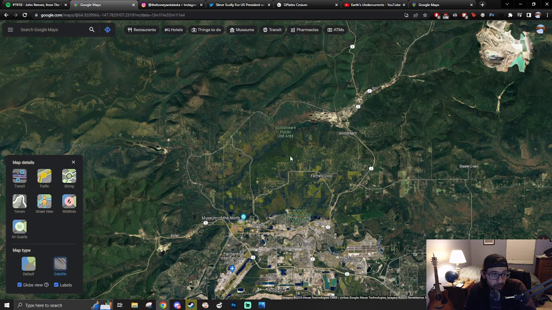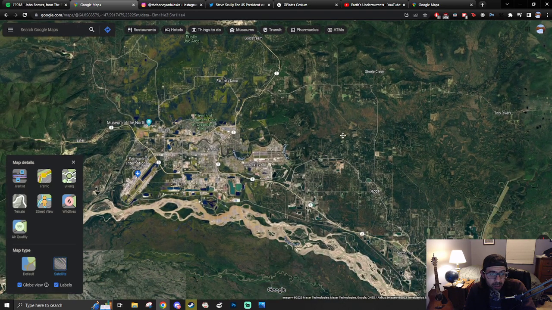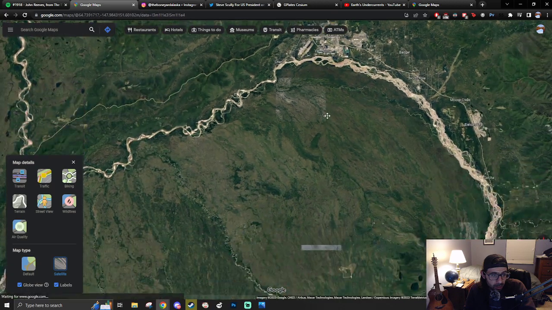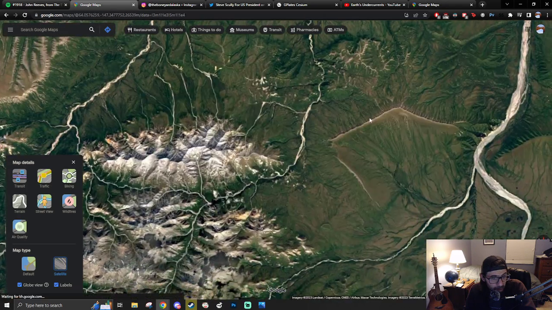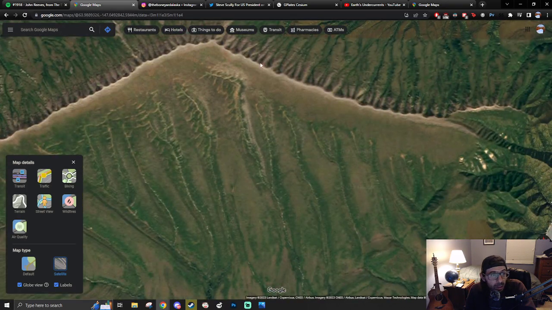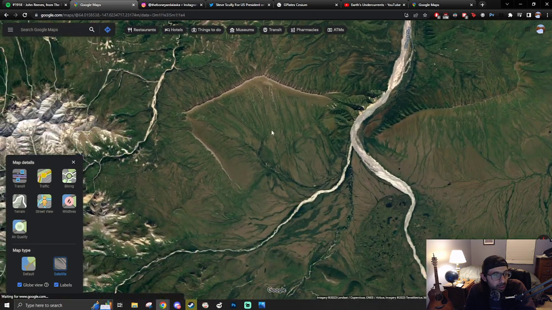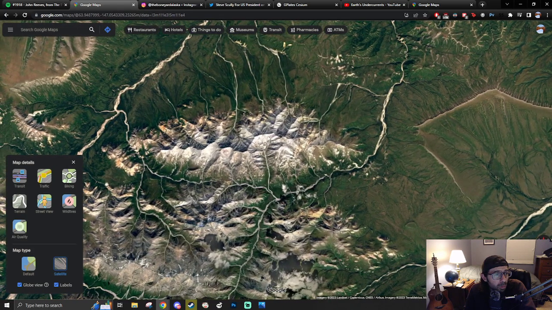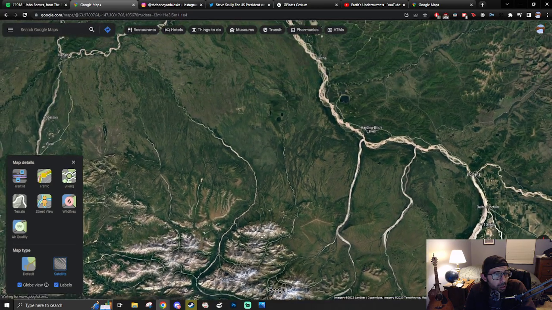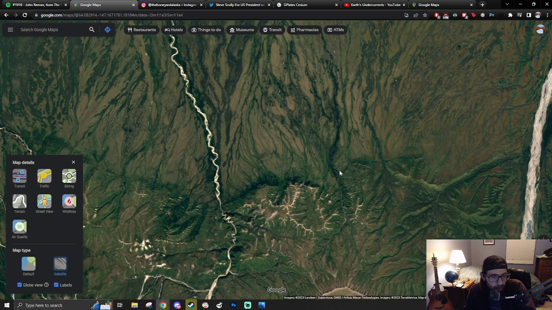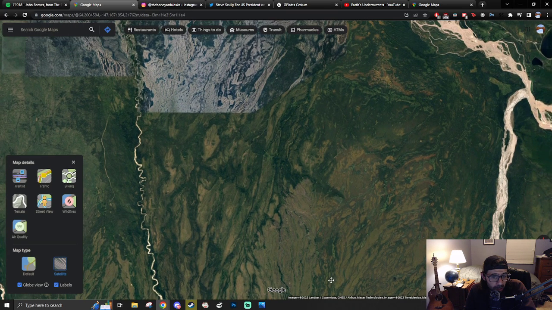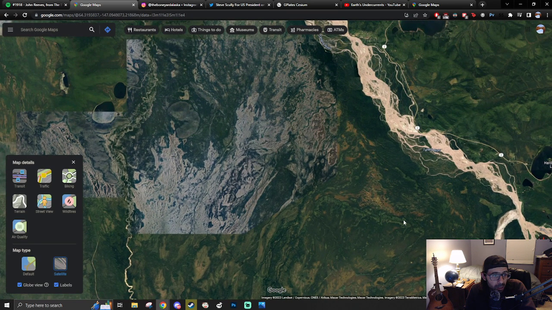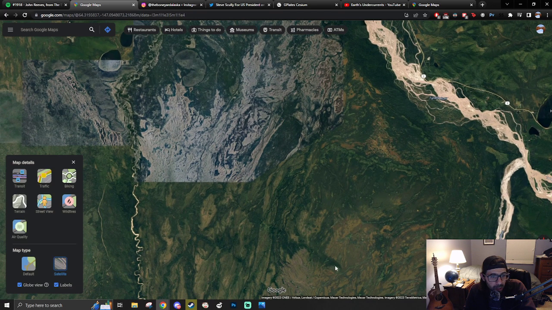Gold stream. Gold stream. Dear God, there's just gold in this land. Oh, we've got currents here we can look at too. Wow, that's cool. If we follow them this way, they do seem to be going pretty straight through here. Maybe hitting resistance.